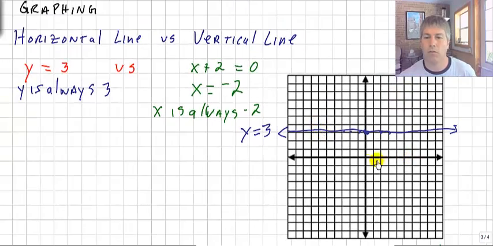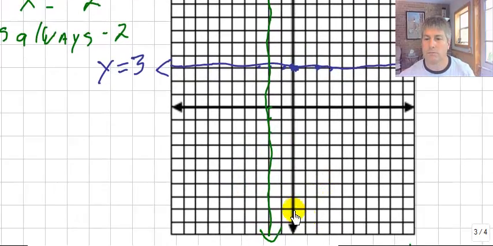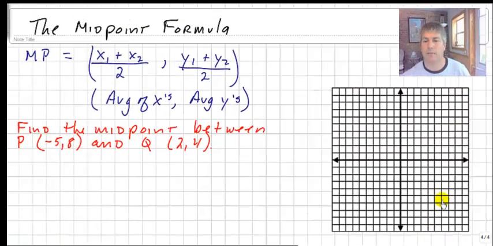Well, if x is always going to be negative 2, that means there x is negative 2, but it's also negative 2 there, and there, and there. So anywhere along here, we get x is negative 2. And that's the graph of a vertical or horizontal line.